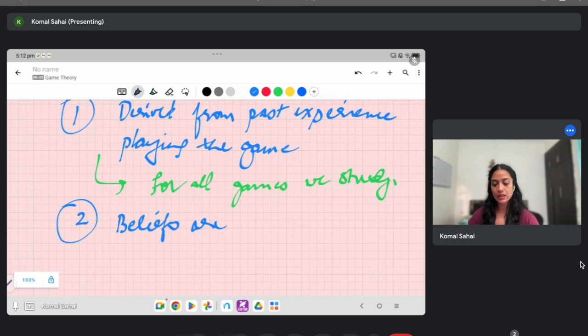That this essentially means that when they have been playing this game so frequently, it is sufficient to just conclude that their beliefs are actually correct.